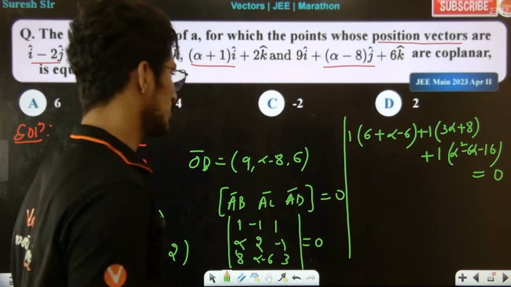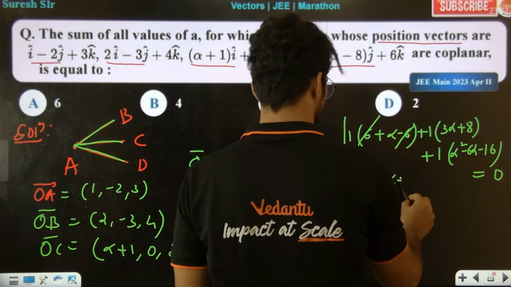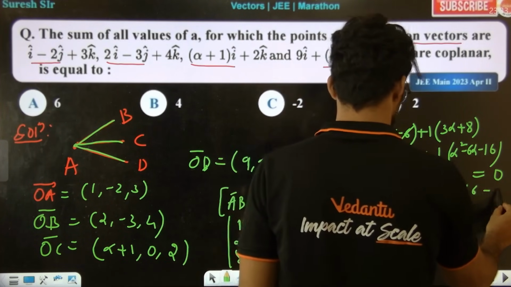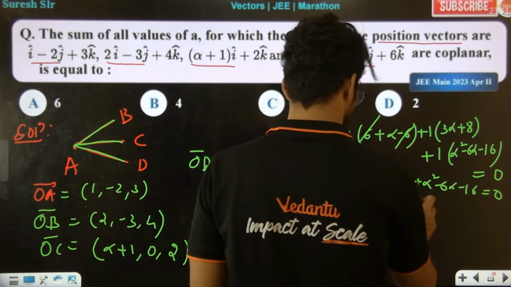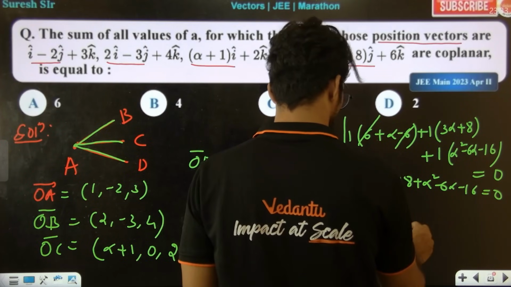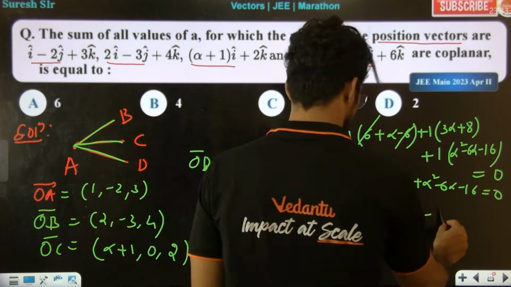This will be cancelled, so alpha square minus 4 alpha, 4 alpha minus 6 alpha is minus 2 alpha, minus 8 is equal to 0.